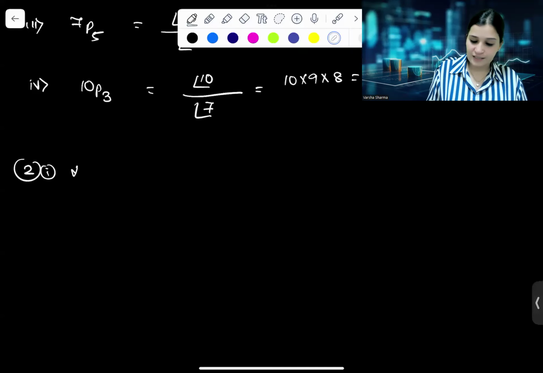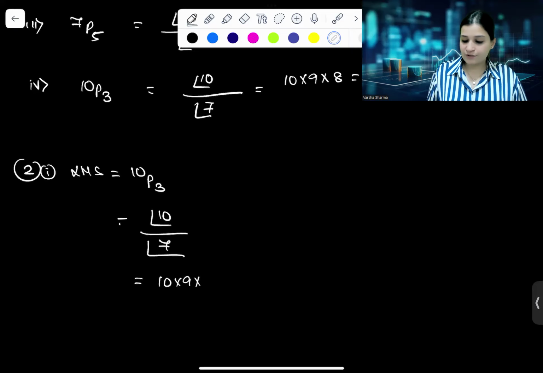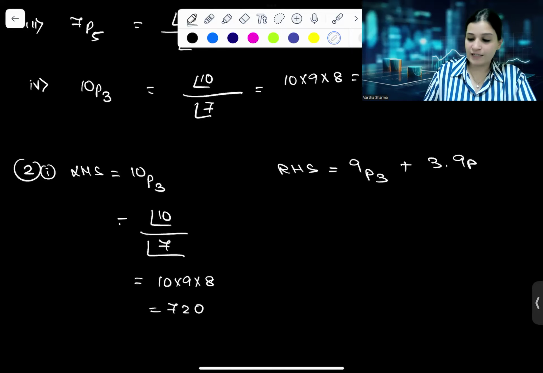Prove that. So LHS and RHS. LHS: 10P3, factorial 10 upon factorial 10 minus 3, 7 factorial, 10 into 9 into 8, so 720. RHS: 9P3 plus 3 times 9P2.